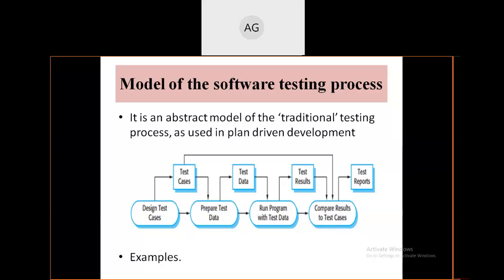Like that you can give incorrect as well as correct input and see what the output will be. You can compare the results of the test cases, then finally you can generate the test result or test report.